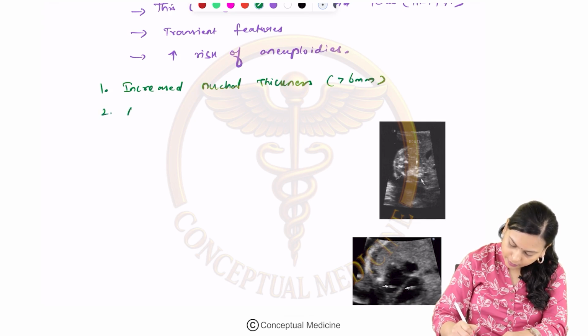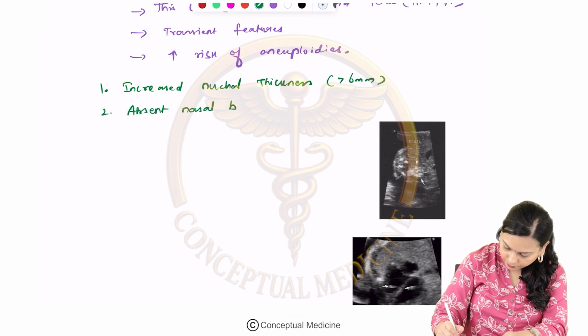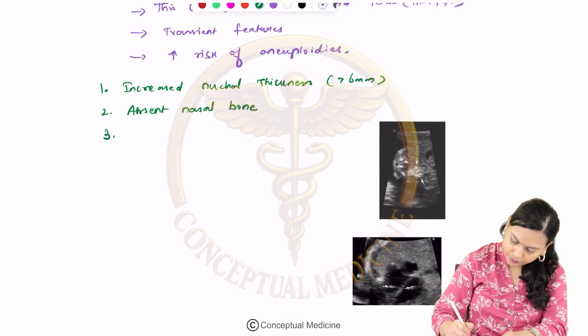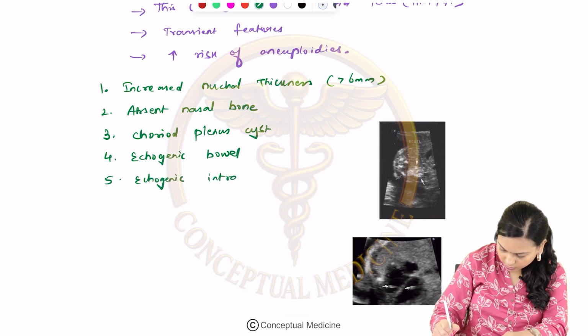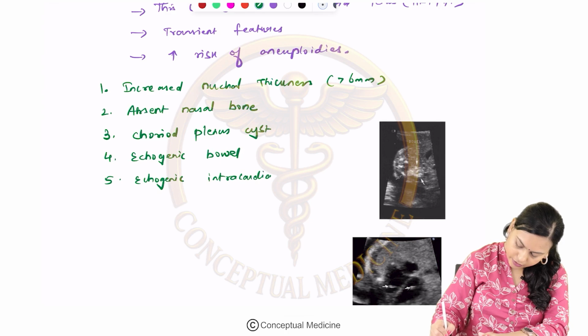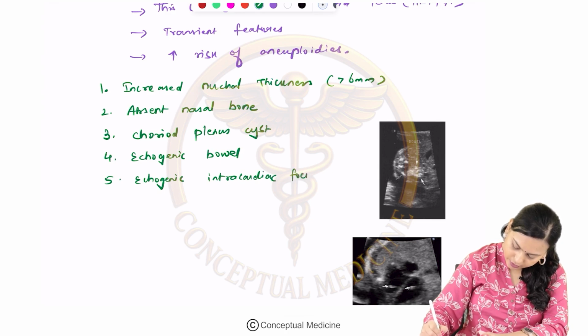And there can be absent nasal bone or a choroid plexus cyst or echogenic bowel or echogenic intracardiac foci.